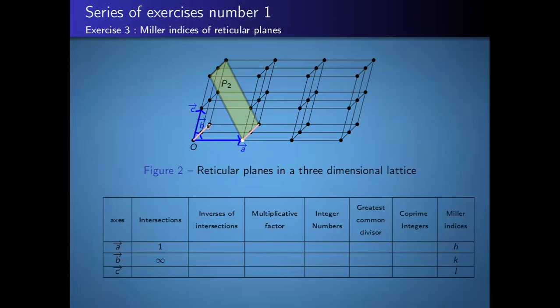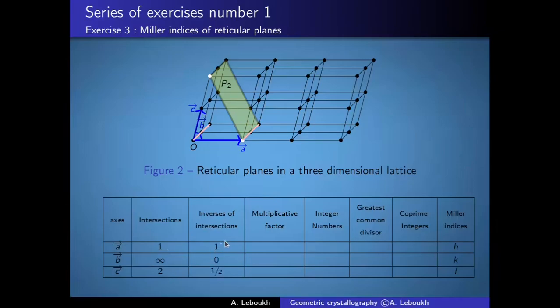The plane is parallel to the axis B, and we say that this plane cuts the axis B at infinity. Now for the C axis, this plane P2 cuts this C axis in 2C. So we find the inverses of these intersections as 1, 0, and 1/2.